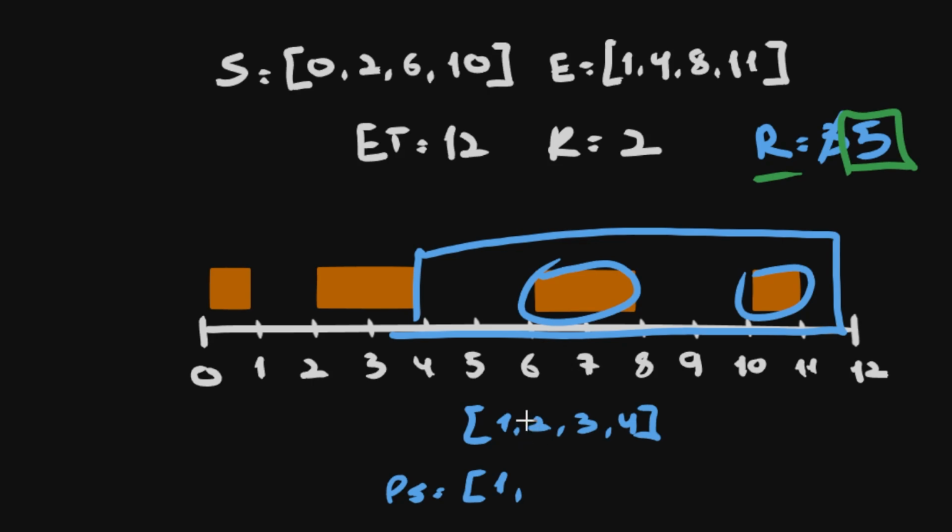So right now we are here at this index. So now we will take the sum of 1 and 2, and we put 3 here. Next we have the sum of 3 and 3, so we put 6. Finally, the sum of 6 and 4 is 10. So this is our prefix sum array.